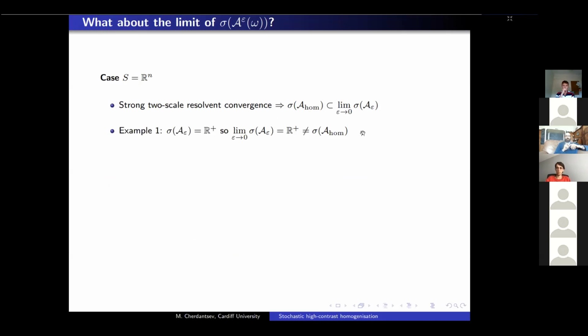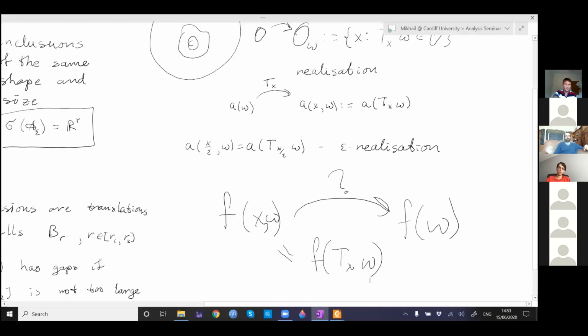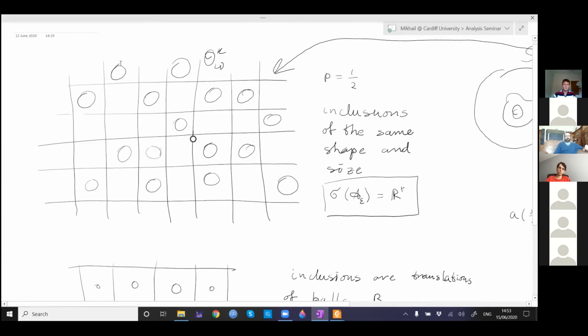Okay. However, if you look at our simple examples, so in the first example, this one, if you look carefully at the setting and the assumptions here, you can see that we can find arbitrarily large balls containing no inclusions at all with probability 1.